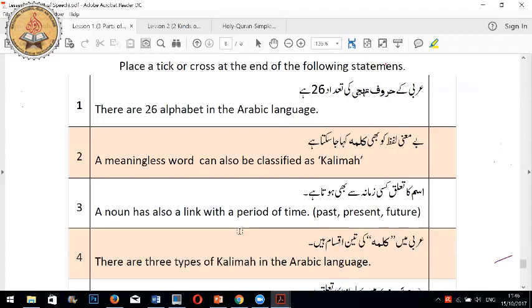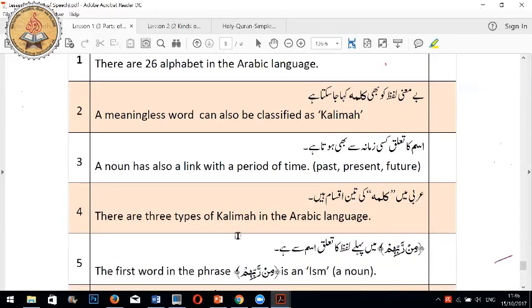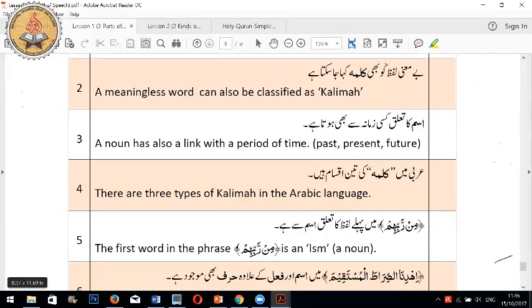Number 4, there are 3 types of kalima in the Arabic language. Is this statement correct or incorrect?